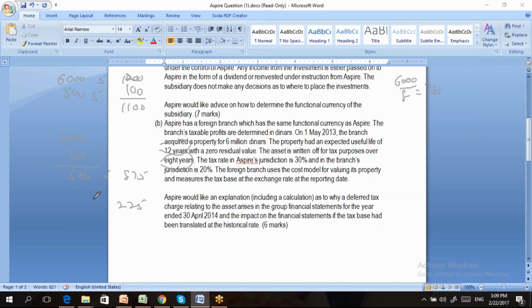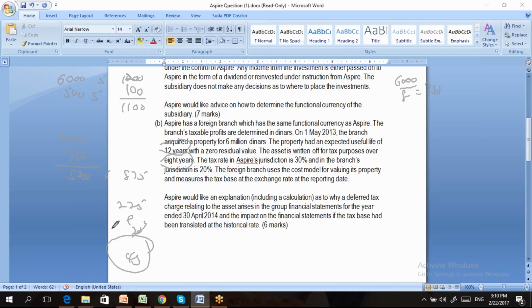No, the 20%. 20%, exactly, because it's the subsidiary company, the tax-paying company's tax rate that should be used, because we are working on the liability for the tax-paying company, not the parent company. So we take 225 at the rate of 20%, which is 45. We have to charge it to the P&L because our asset base is more and tax base is less, therefore it's a charge to the P&L of 45.